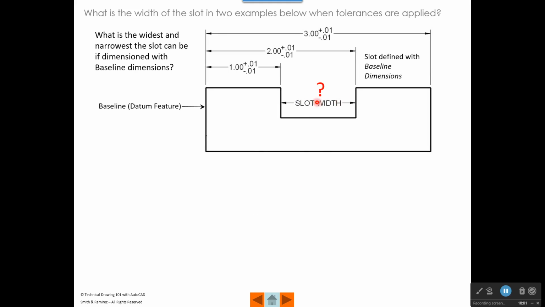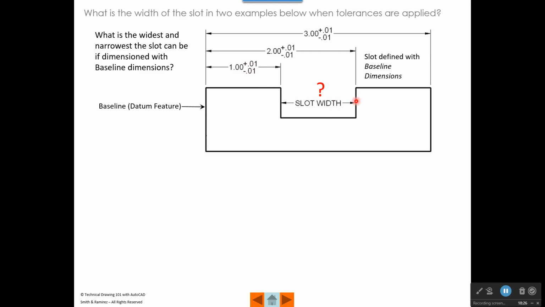So when we look at the slot now, once we've applied tolerances to our 3 baseline dimensions, look at all the things that affect the width of the slot. If the left side of the slot is placed at 1.01, or if it's placed at 0.99, the slot can move from left to right by 0.01 inches.